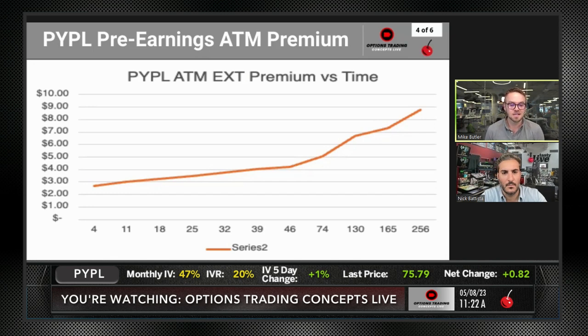And as you can see, the premium from the 4-day to the 46-day is pretty much a very similar number. I don't want to say the same number because, like you're seeing, it's still going to be more expensive the further out in time you go. But you can really see the effect of the near-term implied volatility in this visual here. It's not linear stair-stepped. Correct.